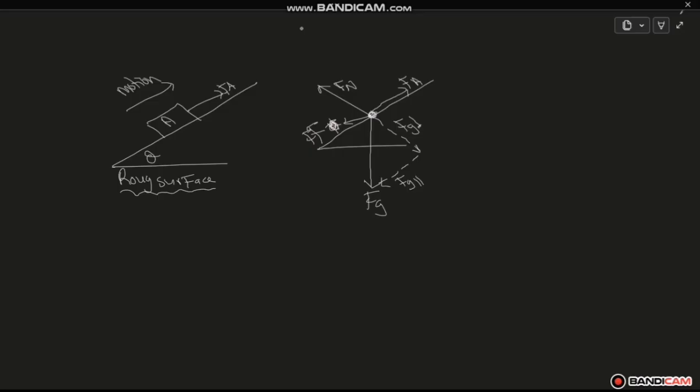Now you can see that Fg parallel and Fg perpendicular are components of gravity, or Fg, or weight. Therefore Fg perpendicular equals mg cos theta, then Fg parallel equals mg sin theta.